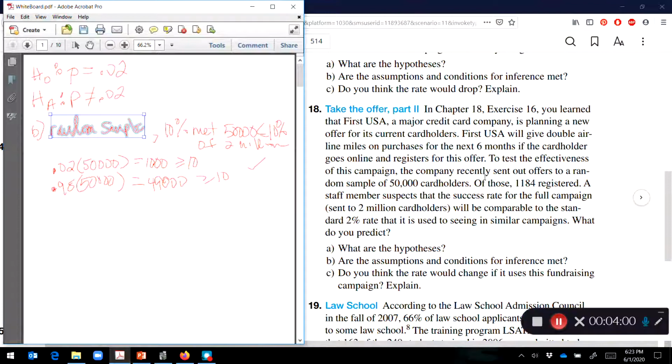Our number of successes is 1184, which is the X in our formula, and our N is the 50,000 that we sent out to. We construct p hat as 1184 out of 50,000, X over N, which works out to be 0.02368.